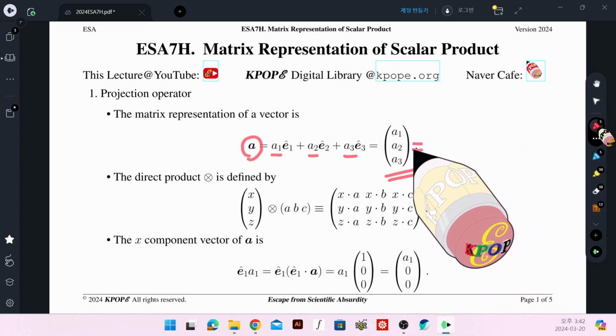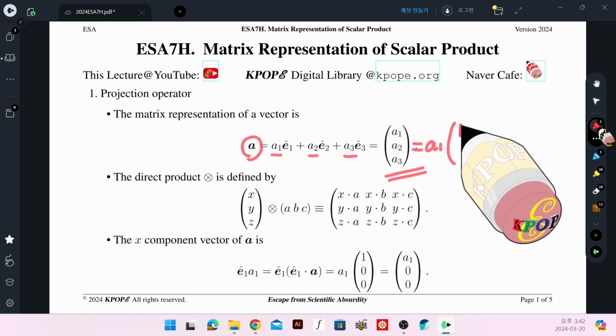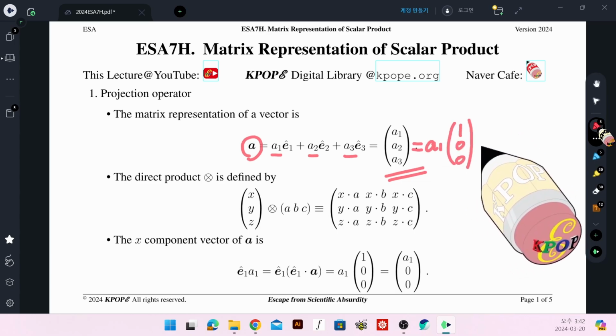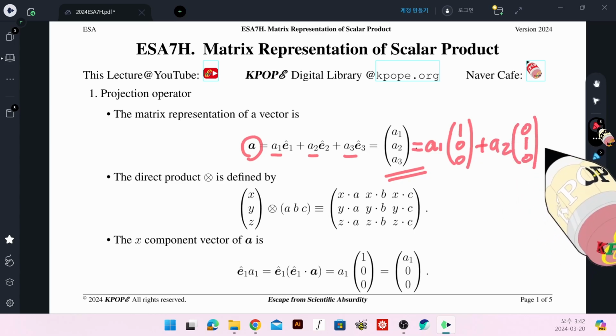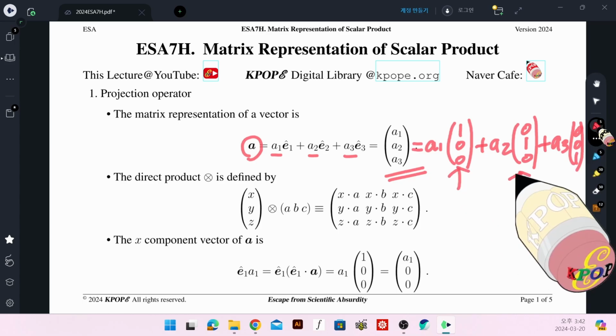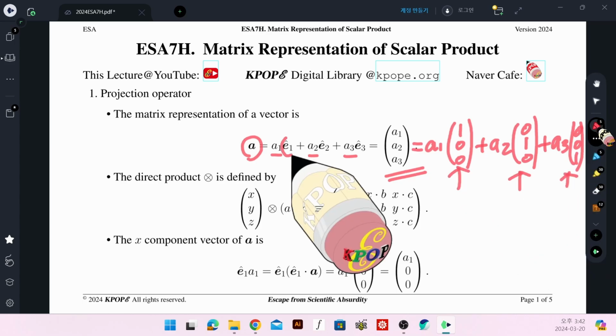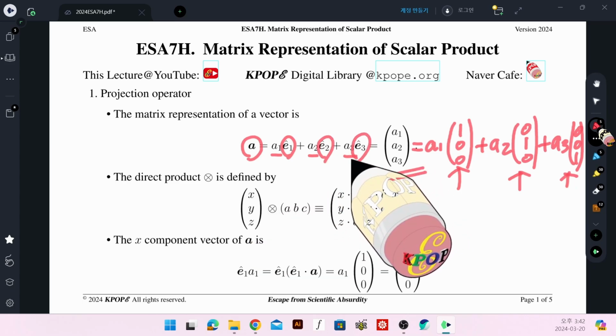This can be expressed as a linear combination of three basis vectors, and these three column vectors represent the unit basis vectors of the Cartesian coordinates.